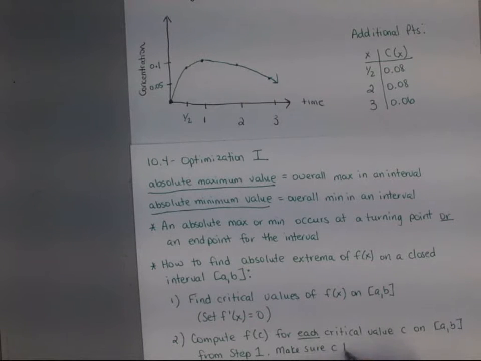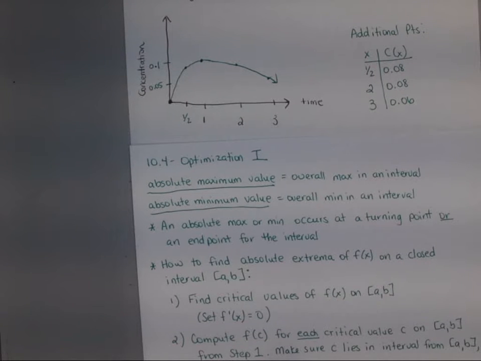Make sure c lies in the interval from A to B. And if not, you're going to ignore it. So we only want values that are valid for our interval.